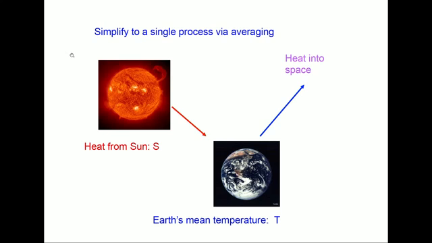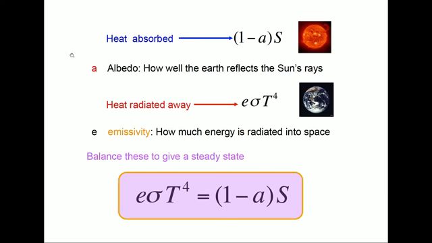So what you have here is the heat from the sun, I shall call that S, warms up the Earth, and the Earth radiates that out into space. Okay. Very simple system. I'm not looking at any variation over the Earth at all. We can write down a formula for this. So the heat absorbed by the Earth is the amount coming in from the sun minus the amount that is reflected.